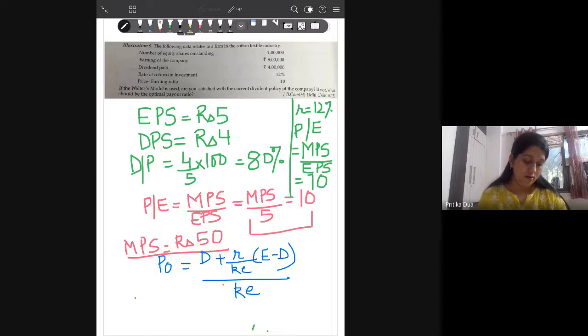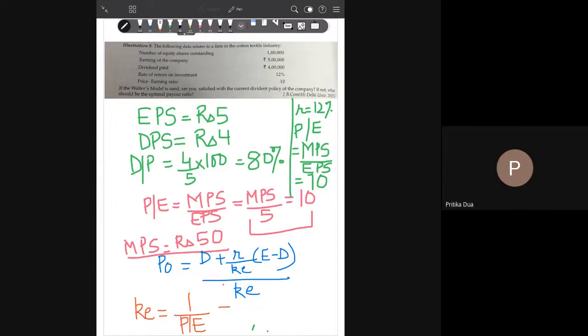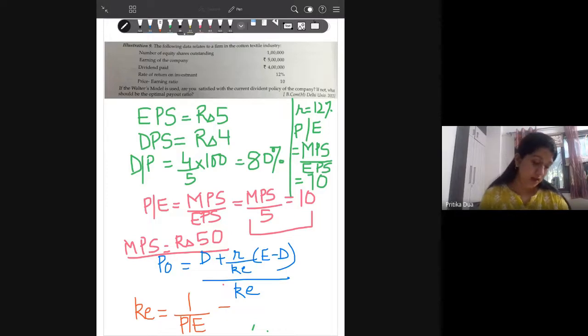Basically, cost of equity is the inverse of PE ratio. So now you can easily calculate the cost of equity. Again, that comes out to be 10%.